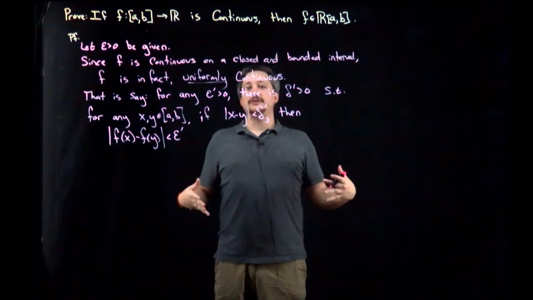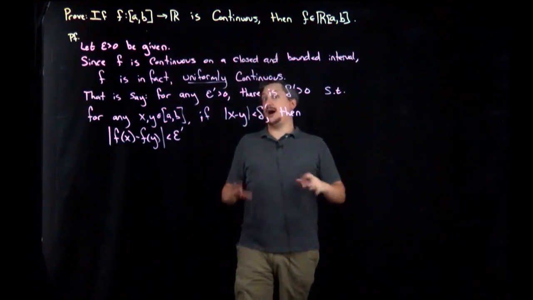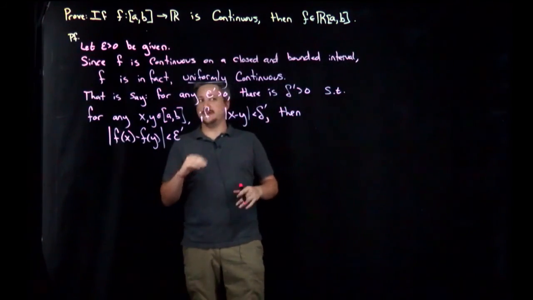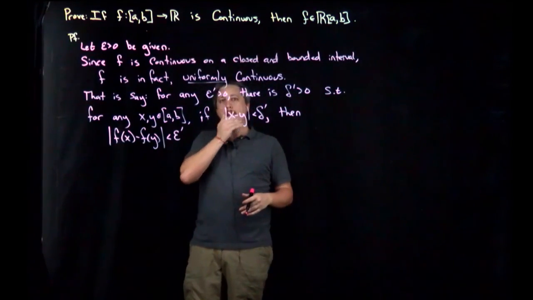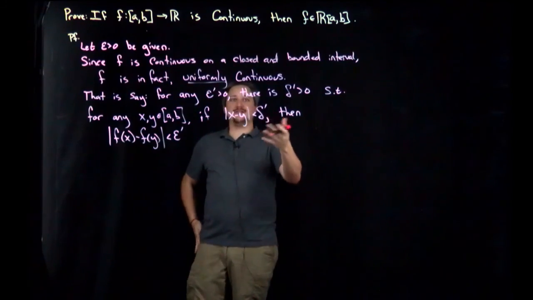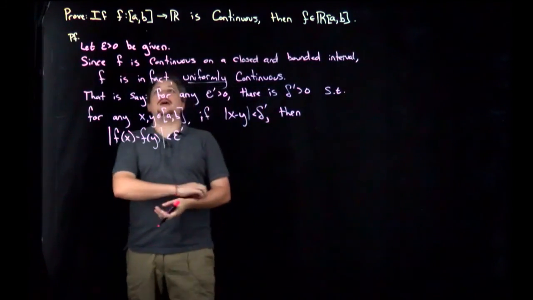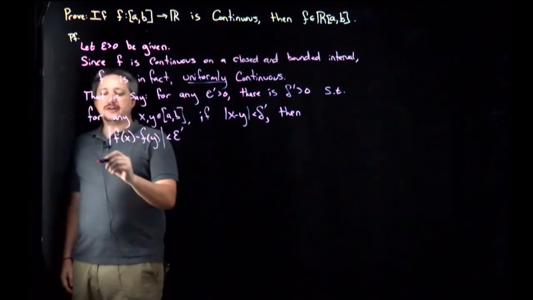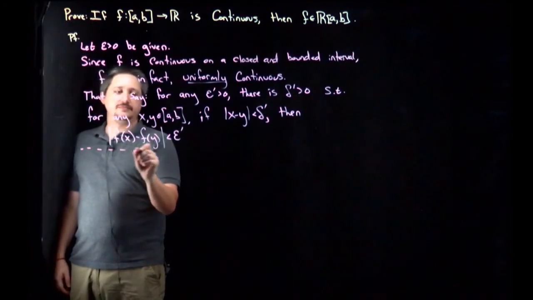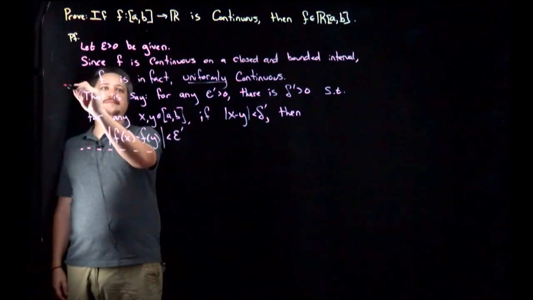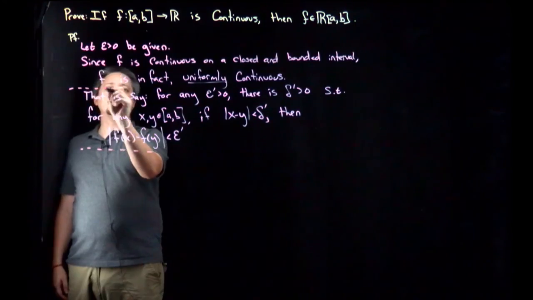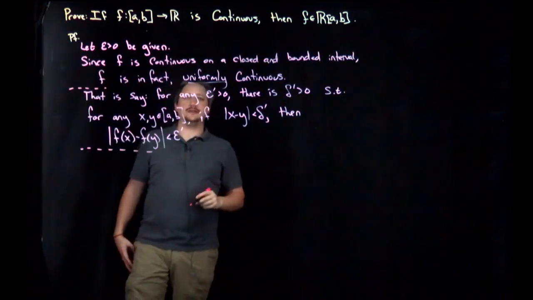And that's really important for a lot of reasons, but it'll be very important in this particular proof. So I want to recall this in case you don't remember. This is sort of off to the side here, recalling what it actually means.